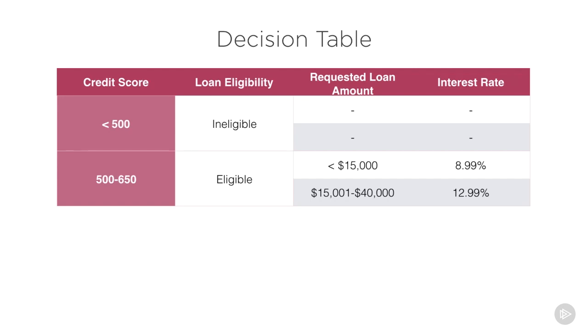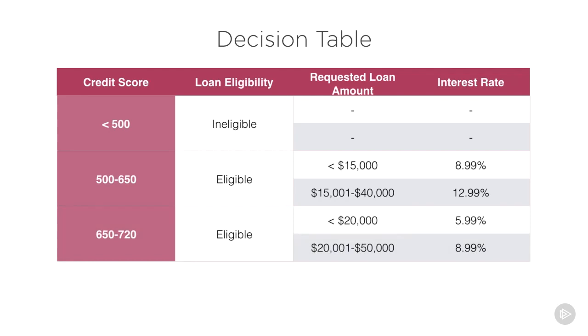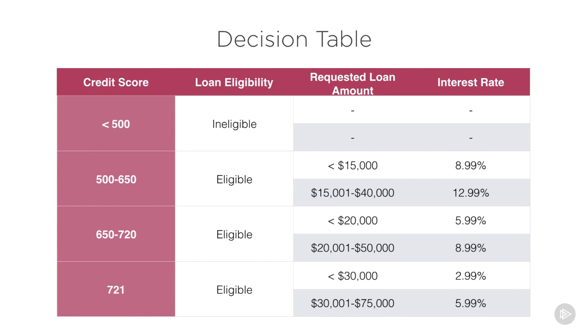For those with better credit, 650 to 720 on the standard credit score scale, we could offer reduced rates up to higher requested loan amounts. And for those with truly excellent credit, we could offer our very best financing rates, including on those more premium vehicles we might have to offer, with loan amounts rising to as high as $75,000.